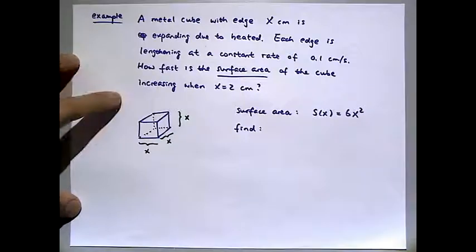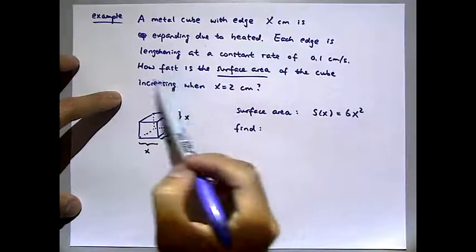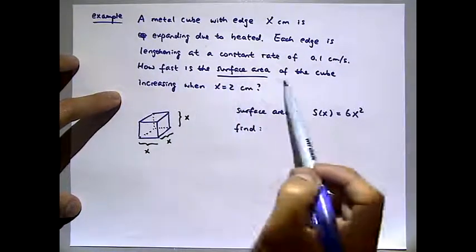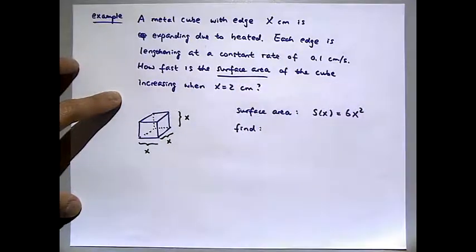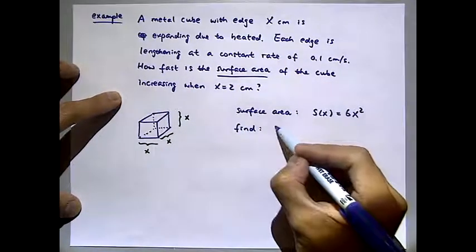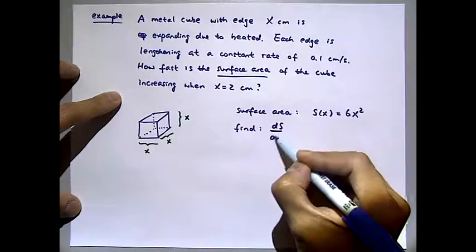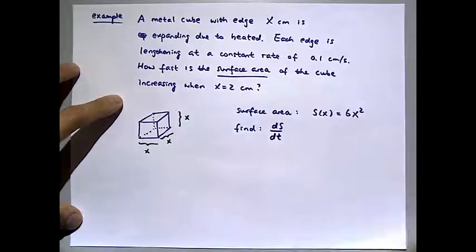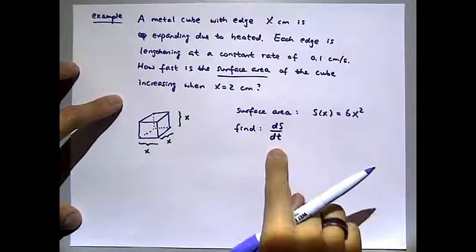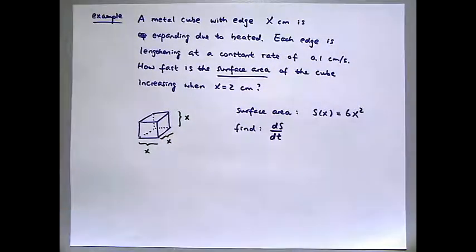The problem asks us to find the rate of change. How fast is the surface area changing? The rate of change of the surface area with respect to time, right? As time goes on, at one particular instant, how fast is that surface area changing?